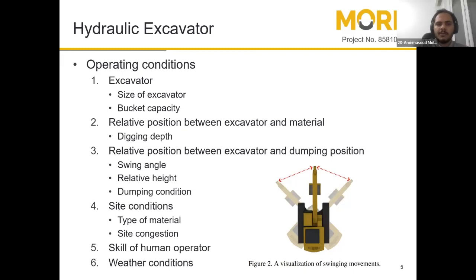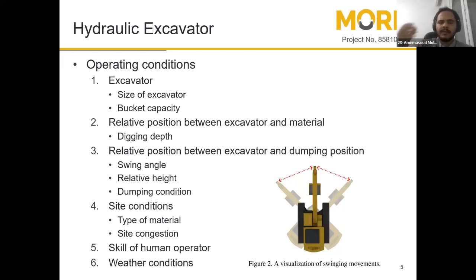Firstly, it is the size of the excavator and bucket capacity. Definitely, when the excavator is smaller, it can cycle faster. And also the digging depth. When the material gets deeper, it takes more time to complete the digging subtask. Also, we have the swing angle and dumping condition as an important factor.